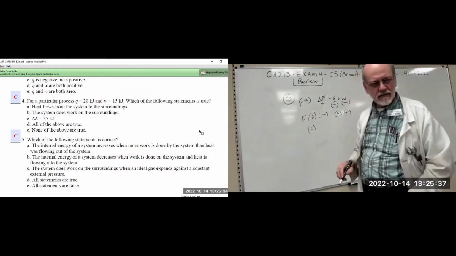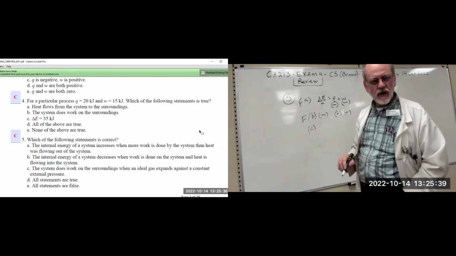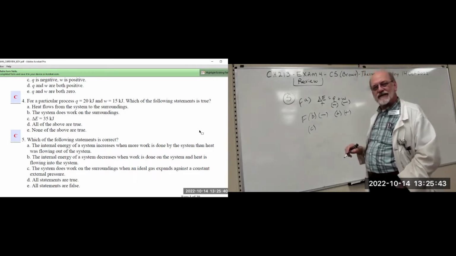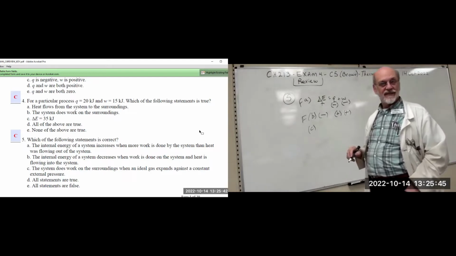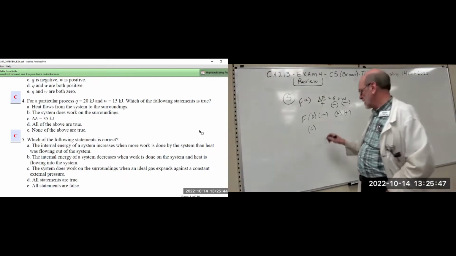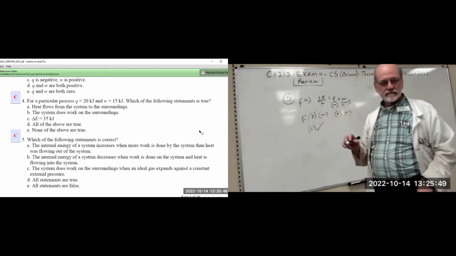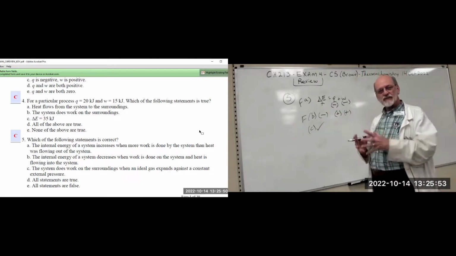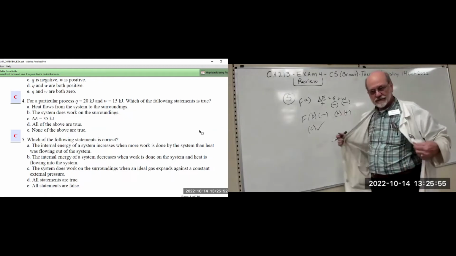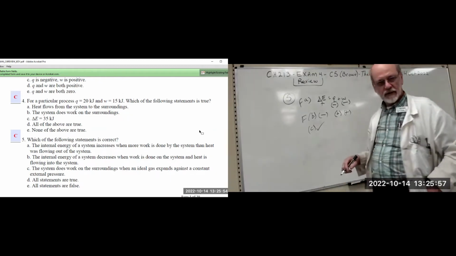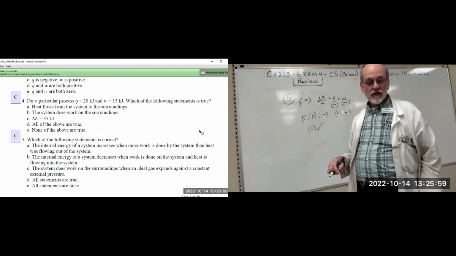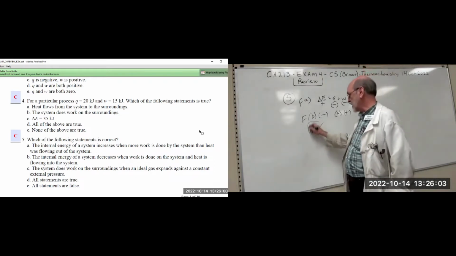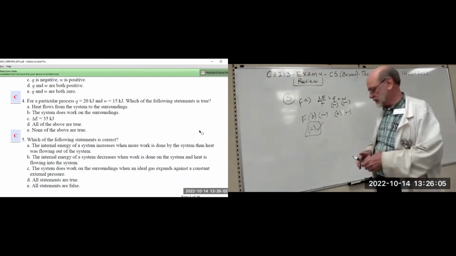How about C? The system does work on the surroundings when an ideal gas expands against a constant external pressure. That's the definition. That is true. So all the statements can't be true and all the statements can't be false, so D and E are out. That means C is the only possible answer.